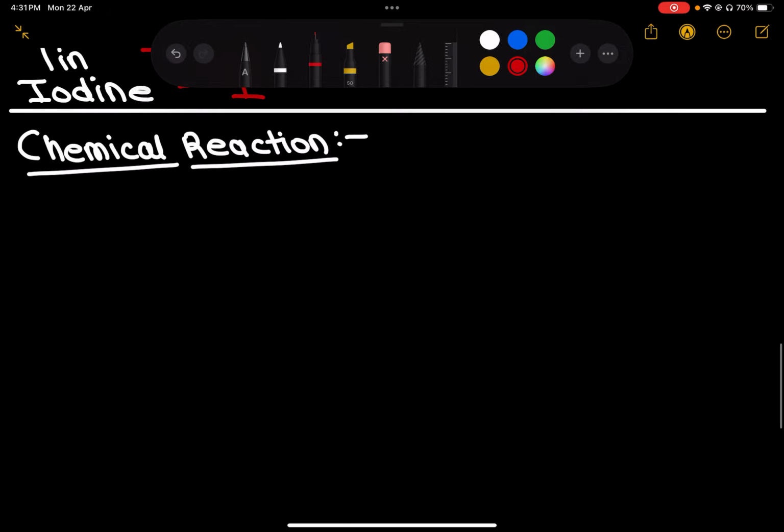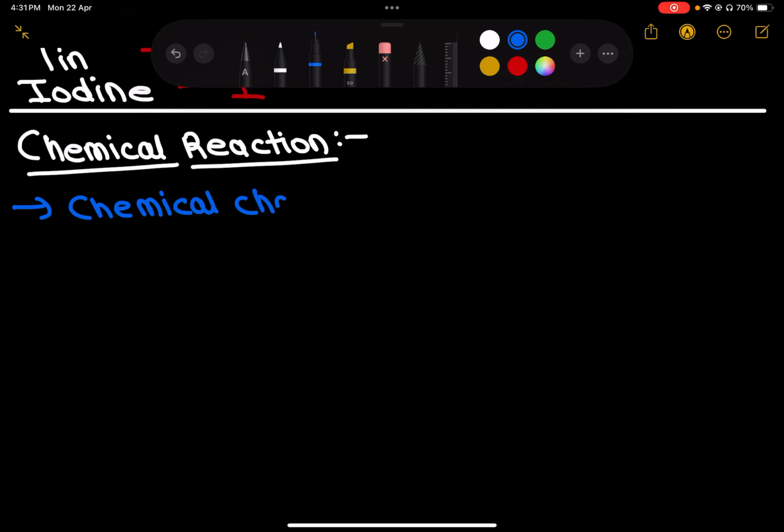The second part is what exactly is a chemical reaction. So I'll give you 3 points which you have to remember and understand in order to write down the definition of a chemical reaction. So the 3 points are, the first one is a chemical change.